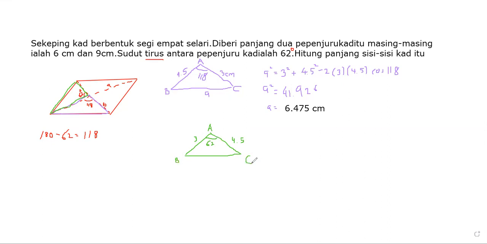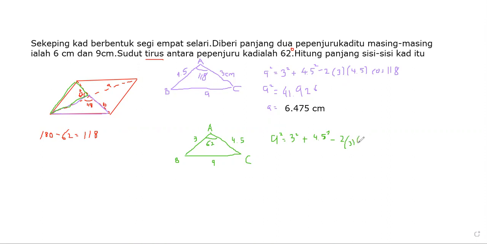So again, I put into the same formula. So A square, that is what we're looking for, right? So this is 3. Again, we put into the same formula. So A square equals to 3 square plus 4.5 square, minus 2 times 3 times 4.5.